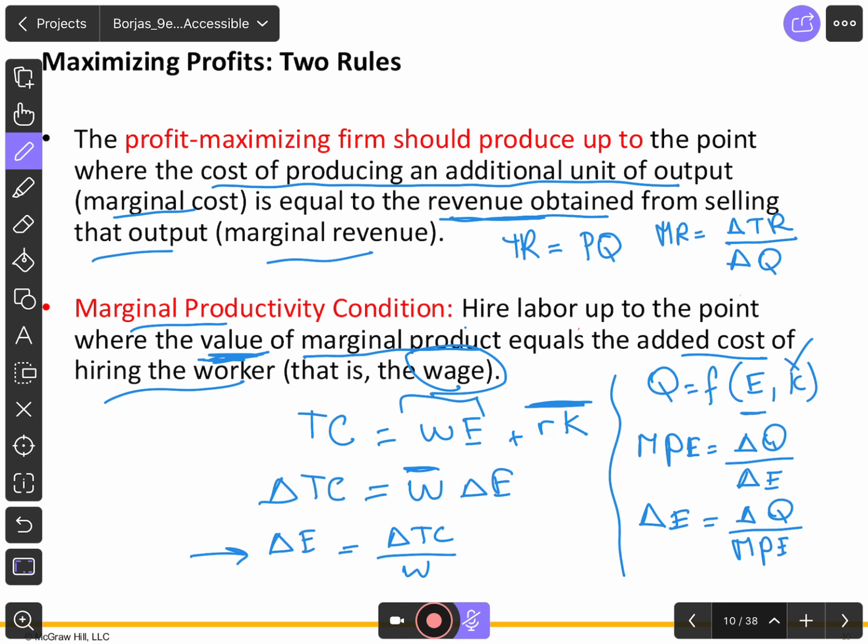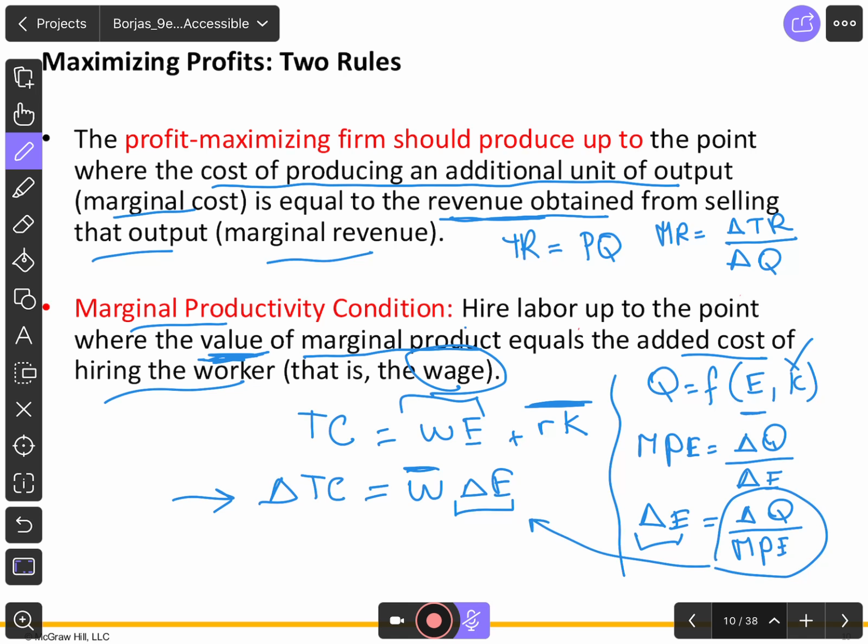So if we go back to this point here, let me just erase this so I can write. I'm seeing that there is a change in E here and there is a change in E here, so I can actually substitute this part right here. I can rewrite this equation as the change in the total cost is equal to the wage rate, which is fixed, which is constant.